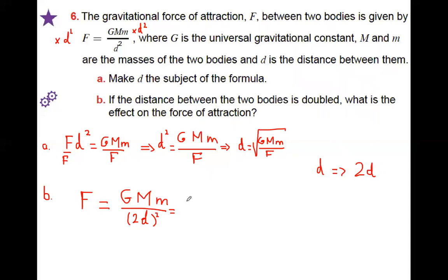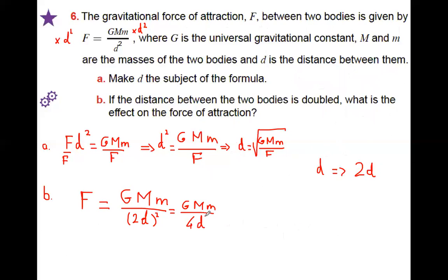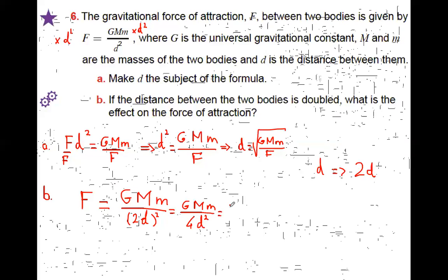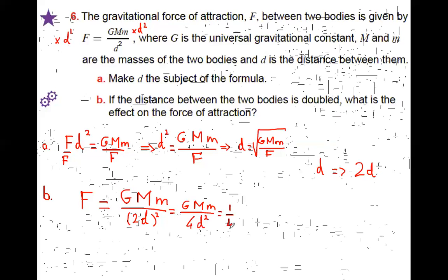So you get GMM divided by 4, because it's 2 squared, D squared. And that is the same as writing a quarter of GMM divided by D squared.